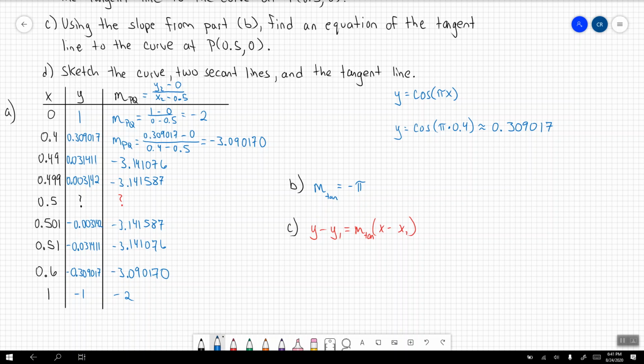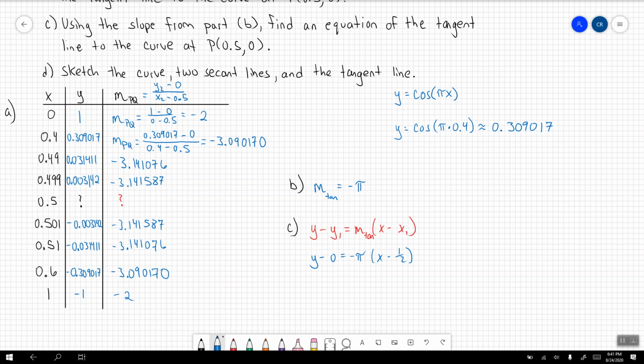So in this particular case, let's make our substitutions. Y minus y1, well, y1, we're looking at the point P, which means y1 is going to be 0. The slope that we're estimating is going to be negative pi. X minus x1, which is going to be 1/2. You could leave it as 0.5 if you'd like.